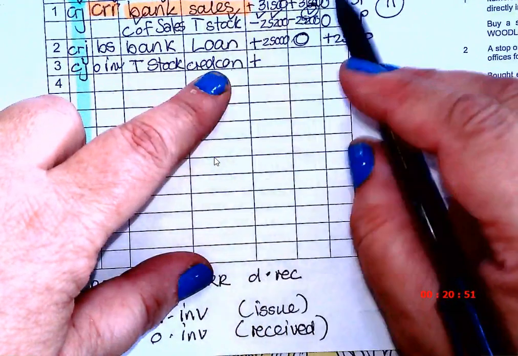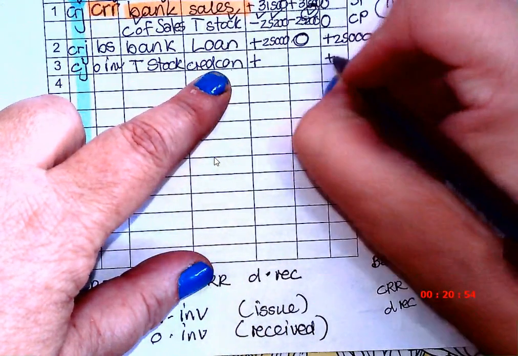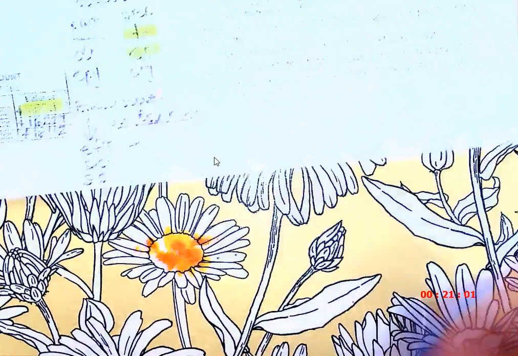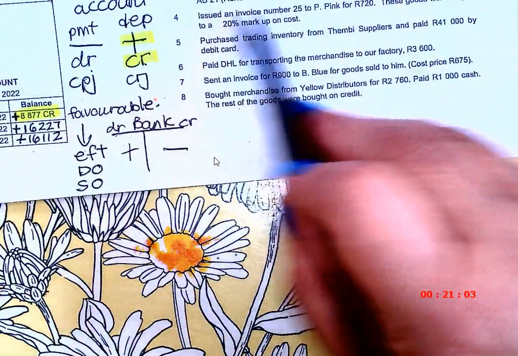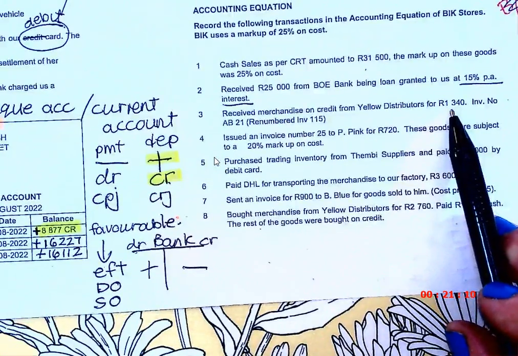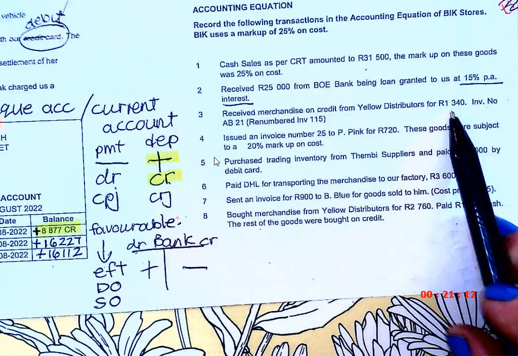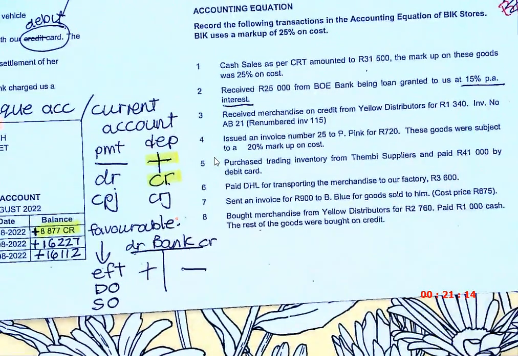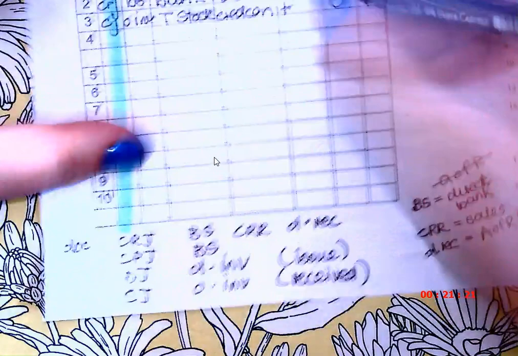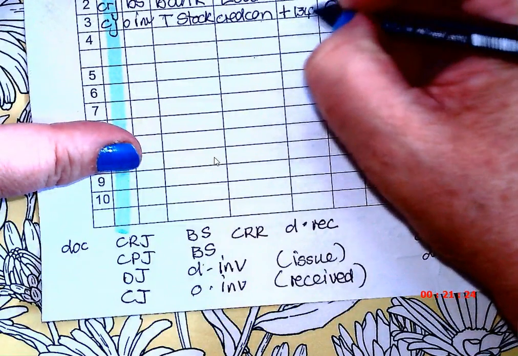It plus. Nothing owner's equity. How much is the amount? I go look. The amount is 1340. If they said less trading discount, I would work out the amount after the discount and I would use that new amount. Okay. So 1340 goes here.